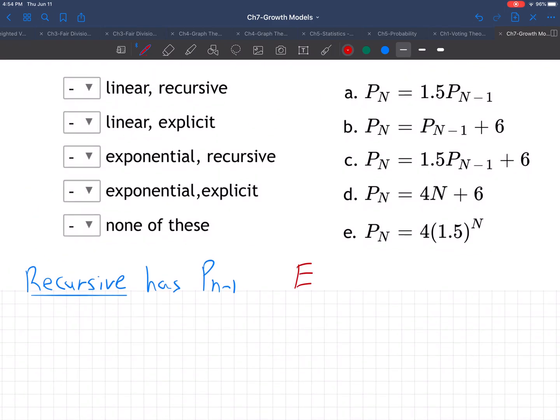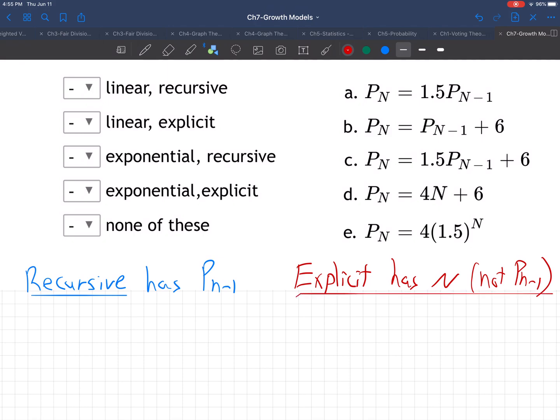An explicit has n, not p sub n minus 1. Okay, so I'll try to make that more clear. Let's go on.